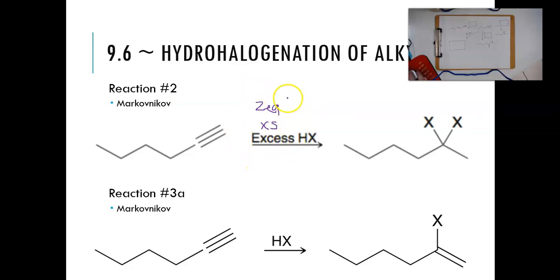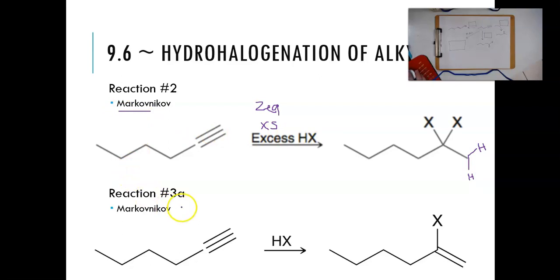All of those would mean the same thing. And when we react this, both of our halogens will go onto the more substituted carbon, and then our 2 new hydrogens are going to be on that less substituted carbon. So this is a Markovnikov-based reaction.